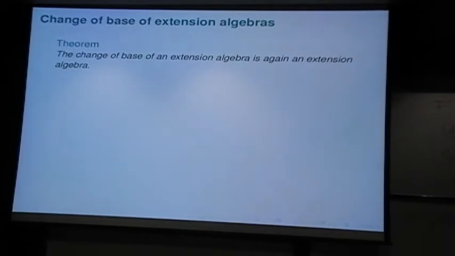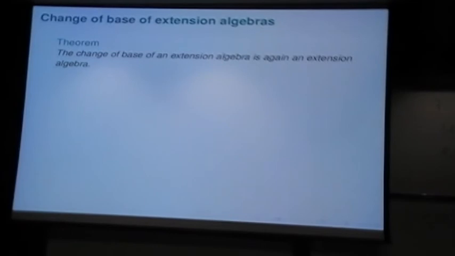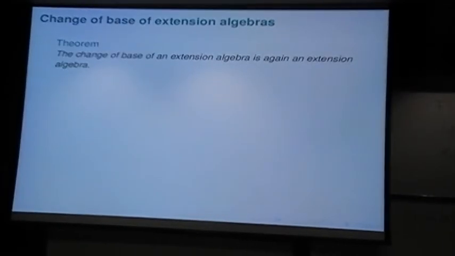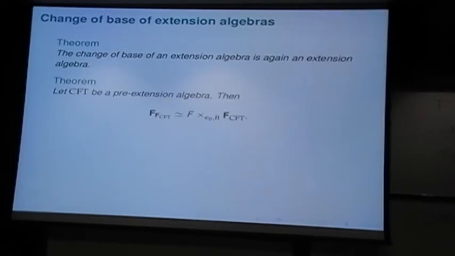And there's a theorem: if you apply this change of base operation to an extension algebra, so you have the associativity conditions, then you get again an extension algebra. One more theorem. You can apply this F operation that looks at higher structure as many times as you want.